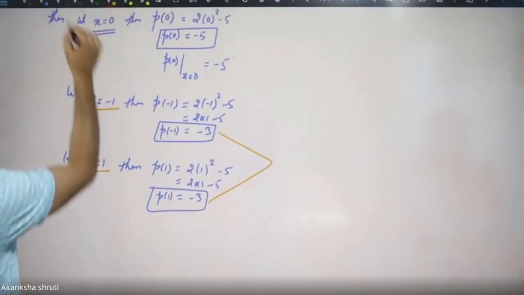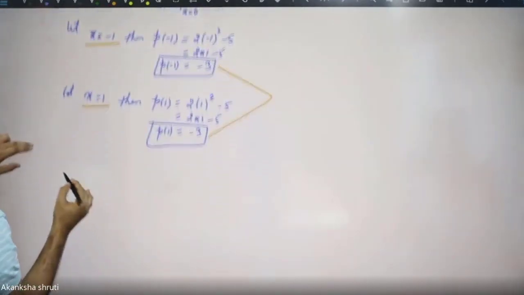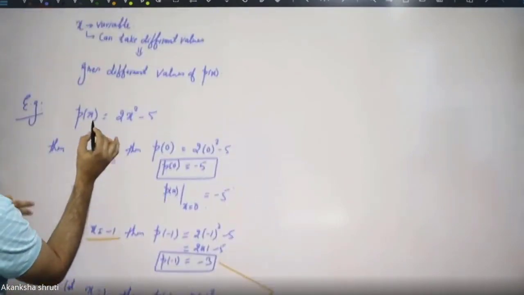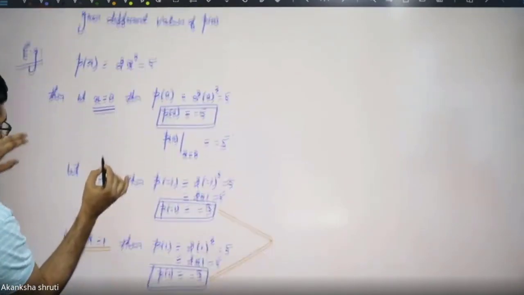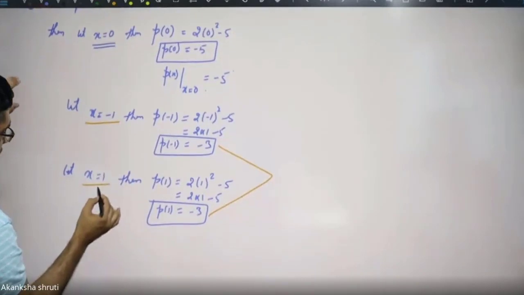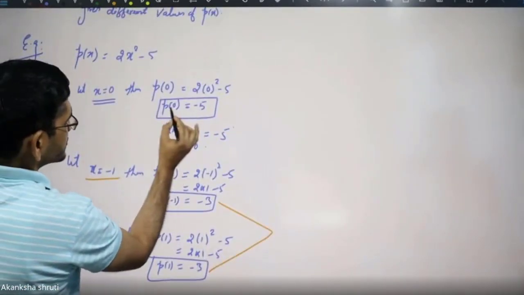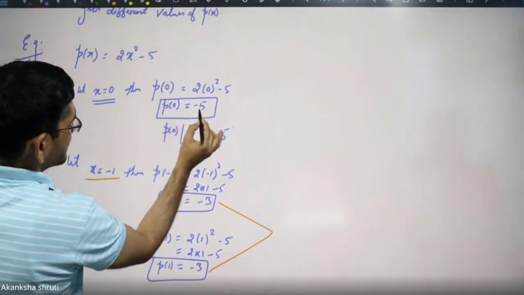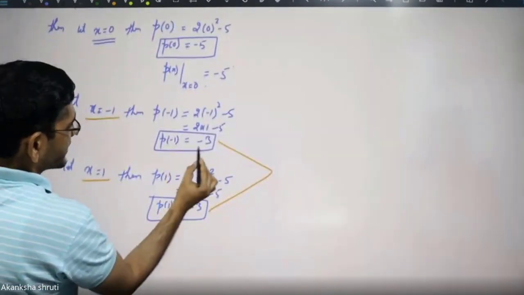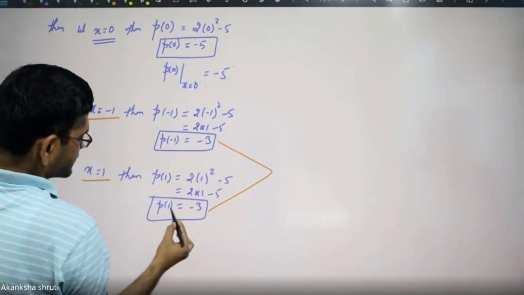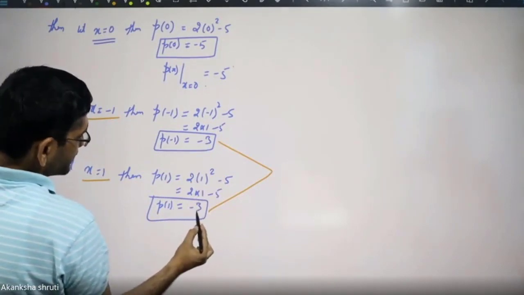So just we have to note what are these. Students, here we have to keep in mind these were the values of x. x equals to 0, x equals to minus 1, x equals to 1. At x equals to 0 the value is minus 5, at x equals to minus 1 the value is minus 3, at x equals to 1 the value is also minus 3.